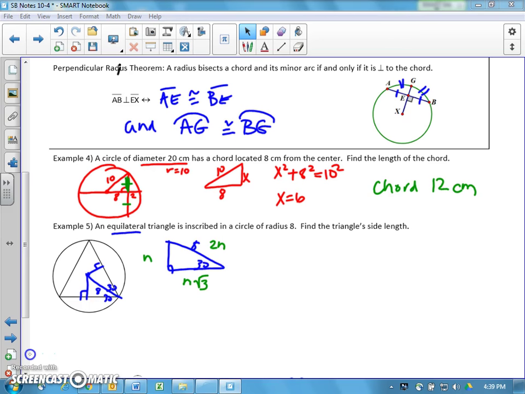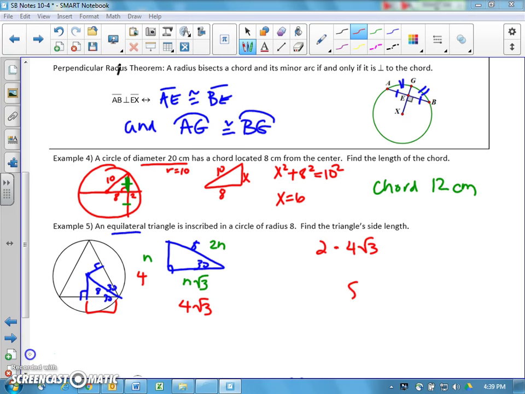So if 2n is 8, then I know that n has to be 4. That makes this side 4, and it makes this side 4 radical 3. Now keep in mind this is just half of our whole side of our triangle. So the triangle's side length would be 2 times 4 radical 3, or 8 radical 3 units.